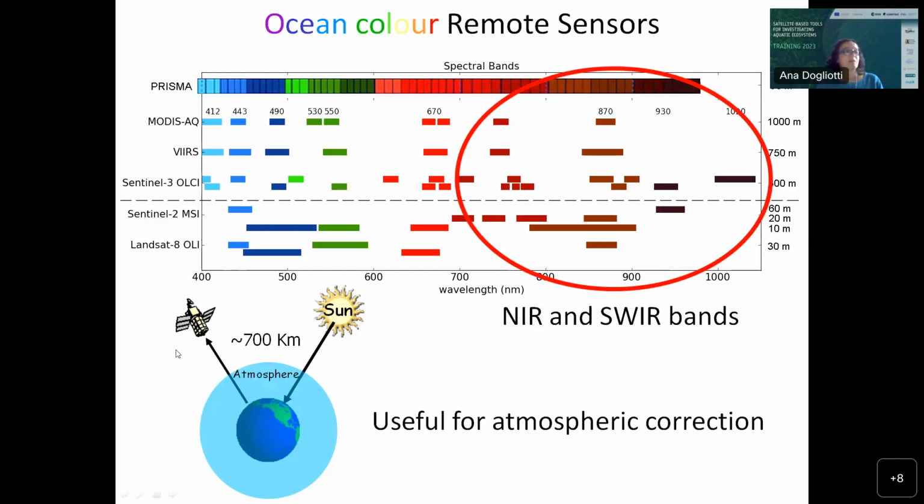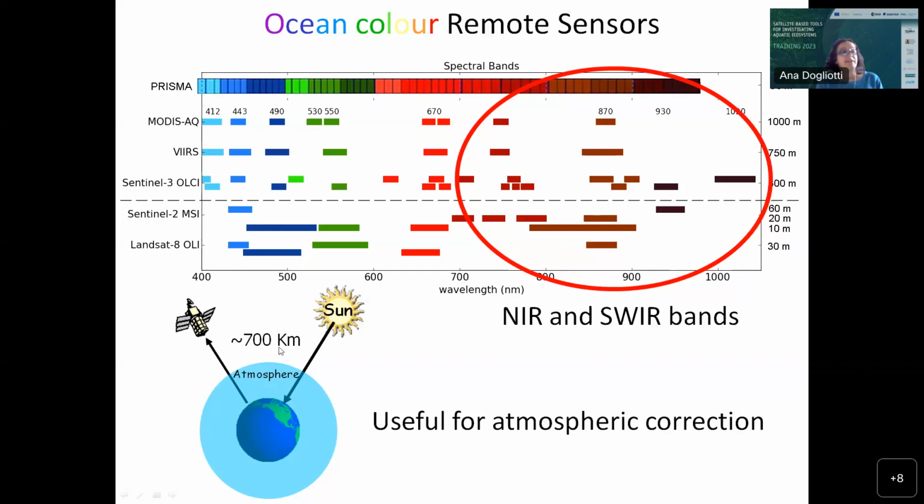So basically, a sensor is usually around 700 kilometers away from the Earth. It is detecting information where the energy originally comes from the sun, interacts with the atmosphere, then with the water surface, then back to the atmosphere, interacts again with the atmosphere, and finally gets to the sensor.